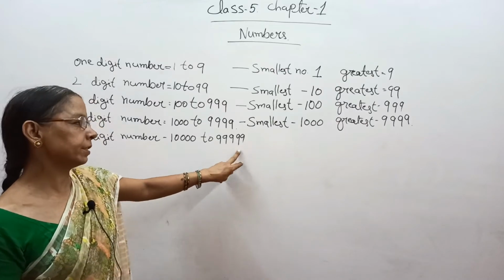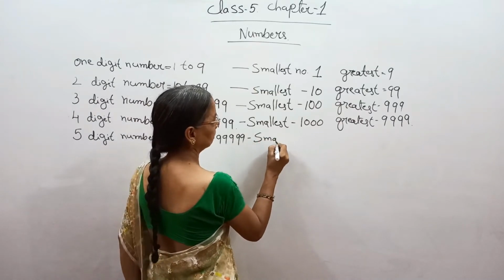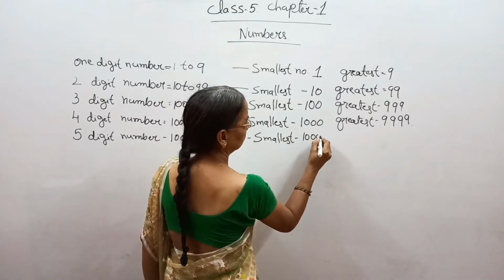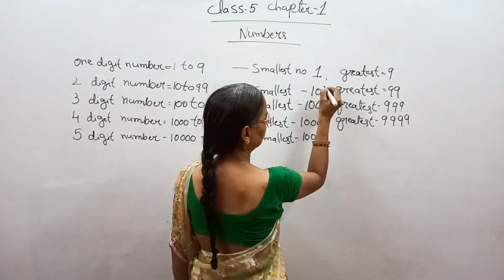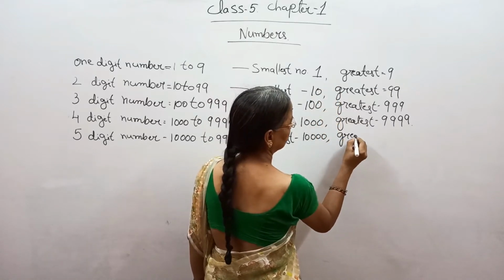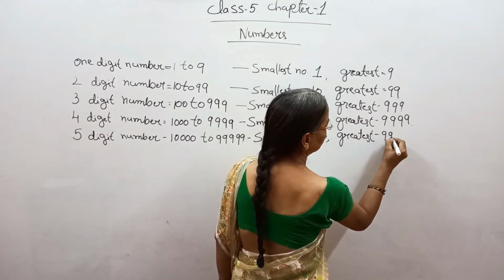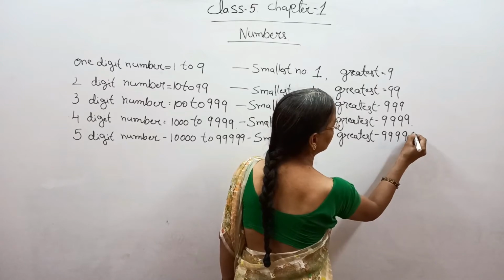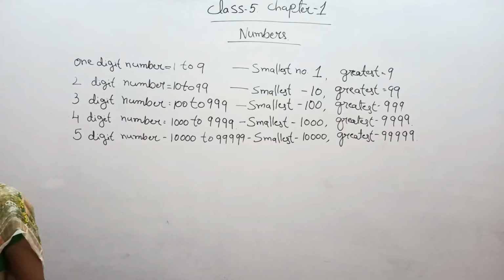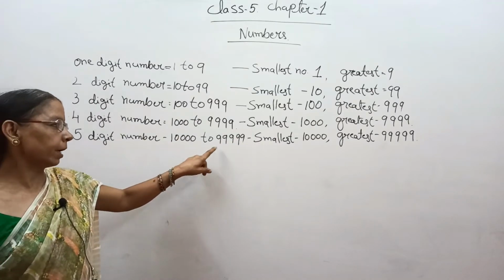That is 5 nines. The 5 digit numbers start from 10,000 and end with 99,999.